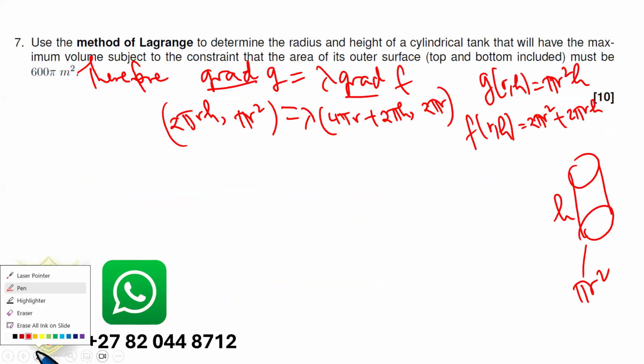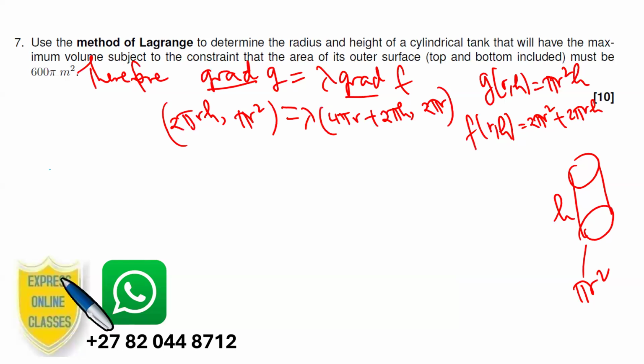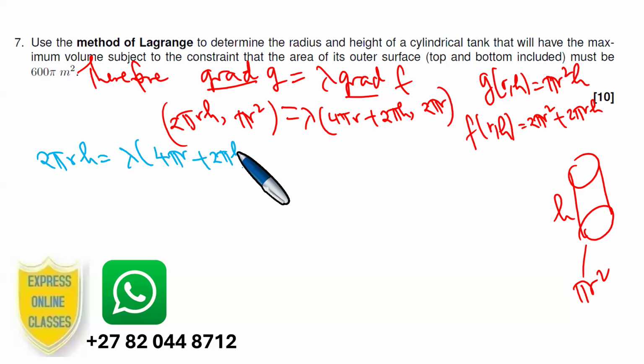Okay, now let us look at the next thing. 2 pi r h is lambda. Now this lambda is going to be multiplying the first component, so it's 4 pi r plus 2 pi h.